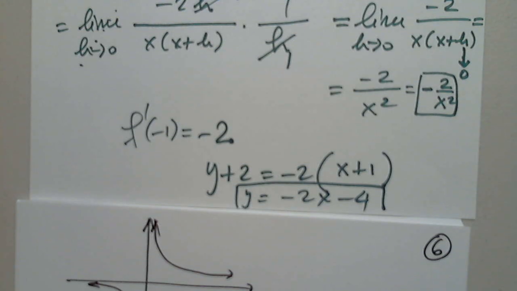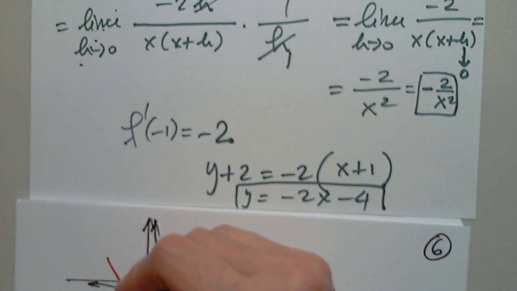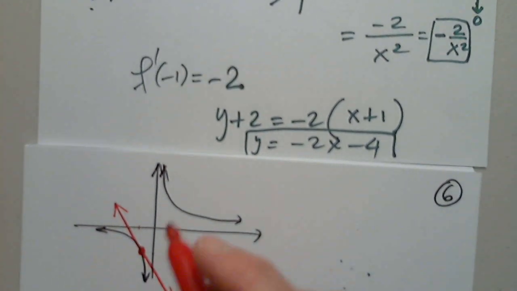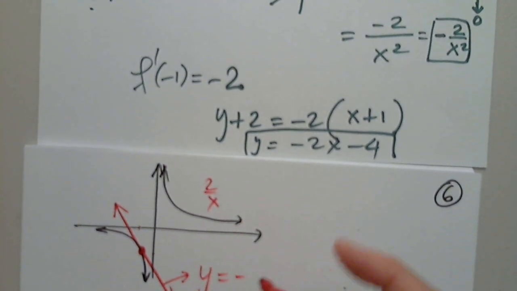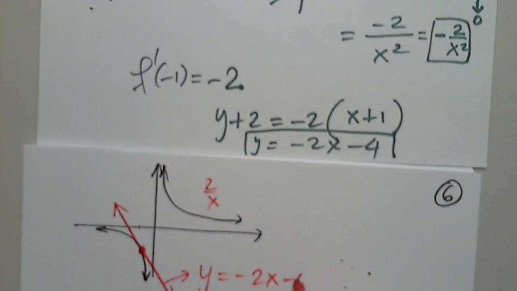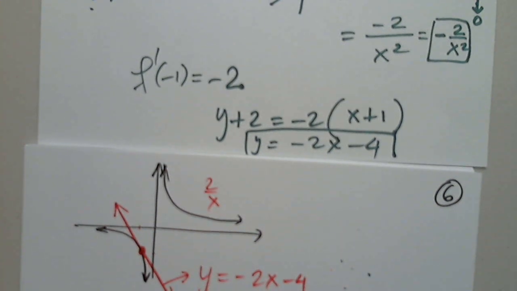At the point negative 1, negative 2, the tangent line at that point, so this is 2 over x, this tangent line is y equals negative 2x minus 4. It's the equation of the tangent line to the graph at that point.